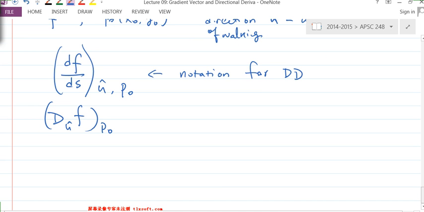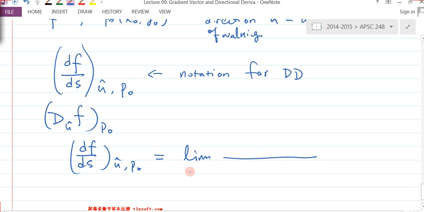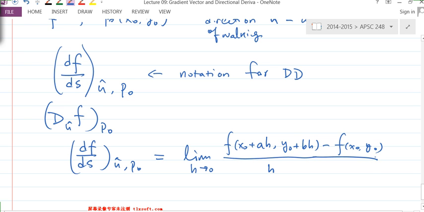What are the definitions? How do we calculate this? The directional derivative df over ds at P naught equals a certain limit: the limit as h goes to 0 of f of (x naught plus a h, y naught plus b h) minus f of (x naught, y naught), all divided by h.